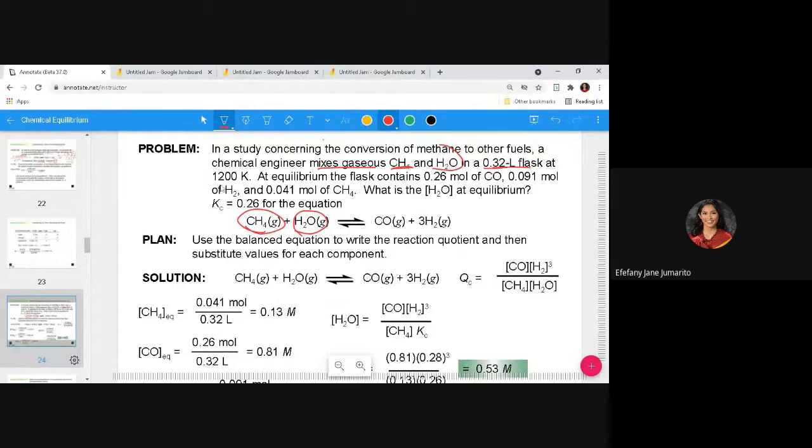At equilibrium at 1200 Kelvin, so this is your temperature, the flask contains 0.26 molar of CO and 0.91 molar of H2 and 0.041 molar of CH4. What is the H2O at equilibrium?